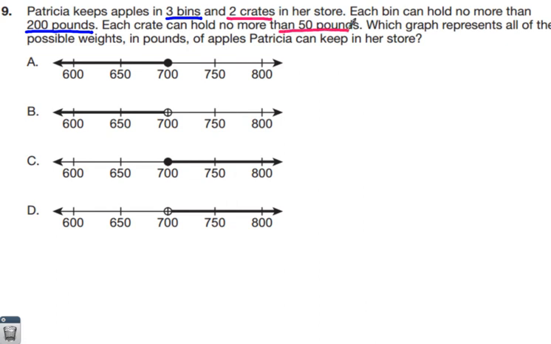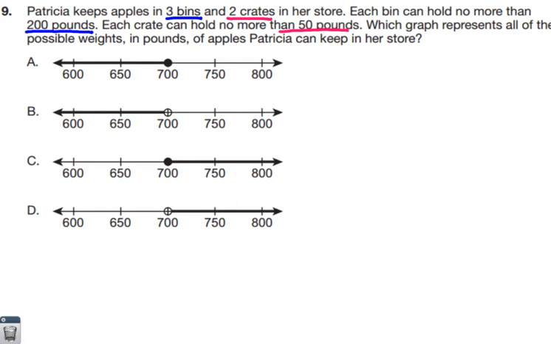When you look at the graphs and think about this long enough, as far as the bins go, 3 bins, up to 200 pounds each. Wouldn't that be 600 pounds from the bins? Let's go ahead and use blue again.